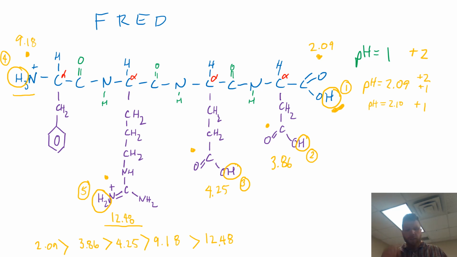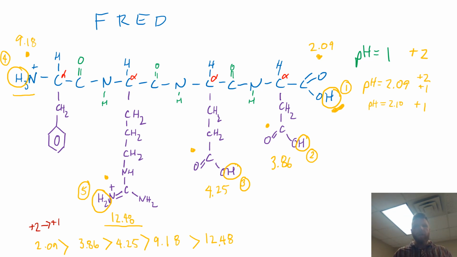And when you're looking at this, you should be asking yourself, what am I looking at in terms of a transition? When you're looking at 2.09, you're looking at the transition from +2 to +1.